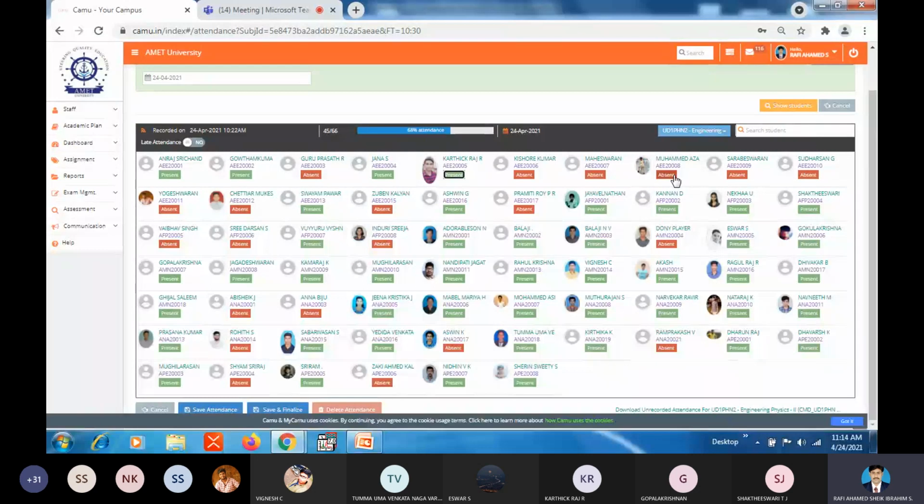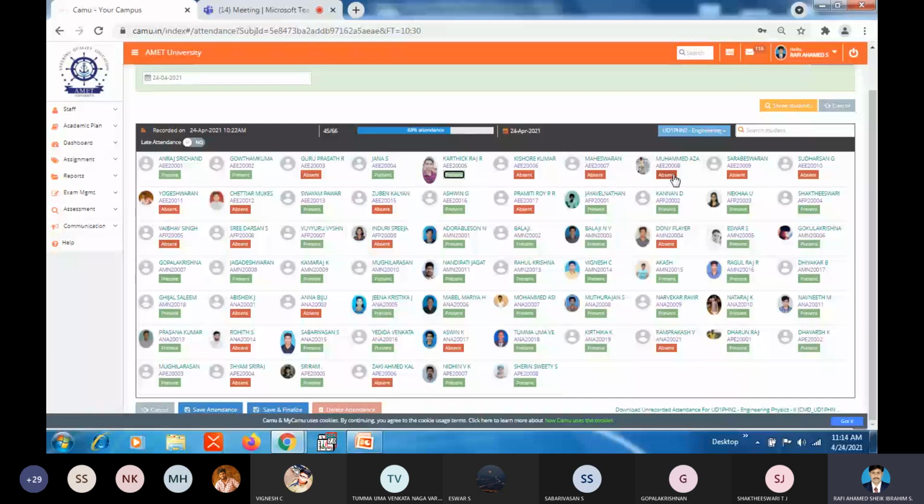What is happening here? Many of the students who are now shown as absent are joining the classes only after 11:20, and at last they give their attendance. The class is scheduled exactly at 10:30.